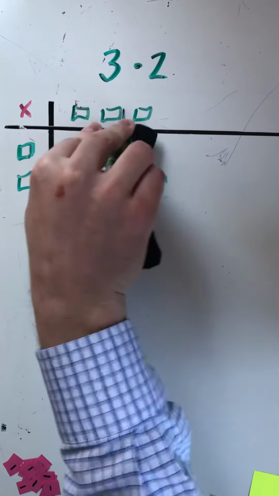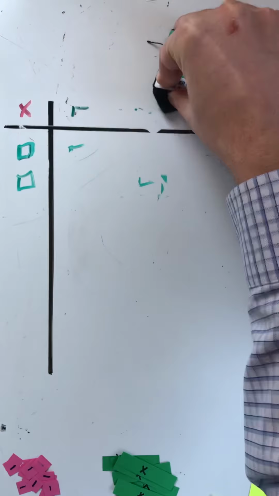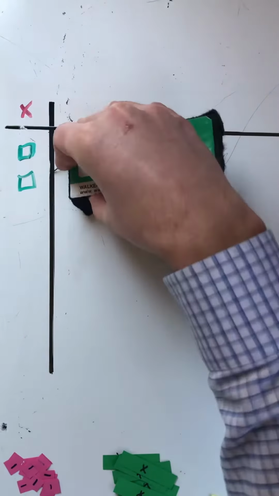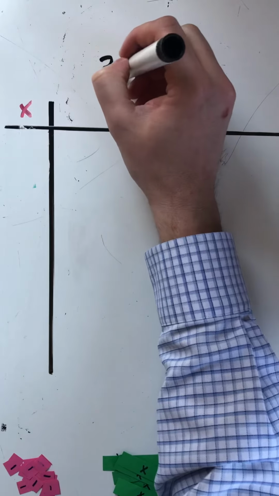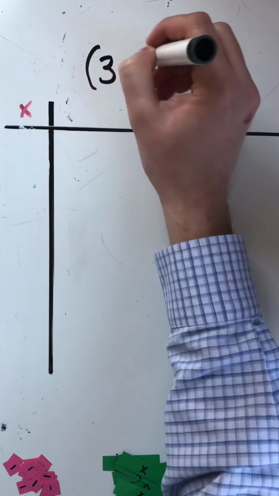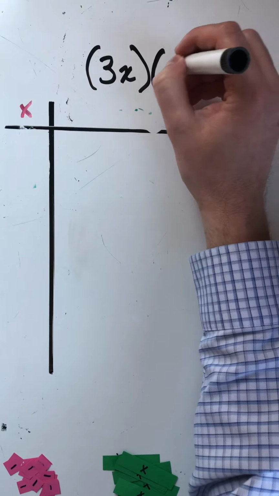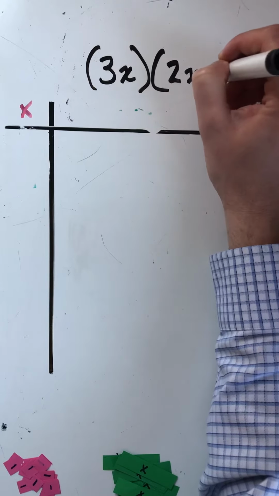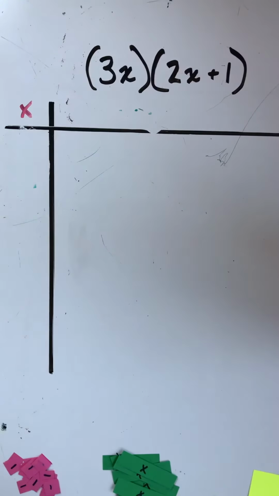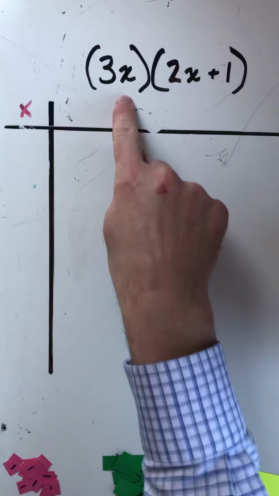Well, now things are going to get a little more complicated as we work with multiplying polynomials. Let's take the problem 3x multiplied by 2x plus 1. Our first factor is 3x.